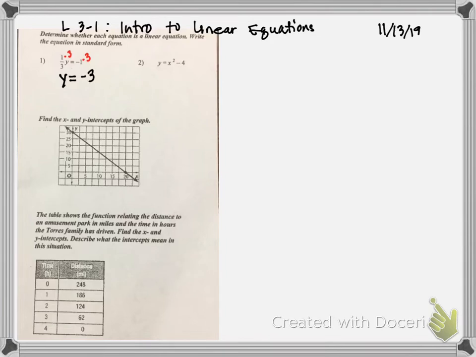So thinking about what does standard form mean, I'm going to write it over on the right side so we can think about that. So we have ax plus by equals c. Does this meet standard form? Is my a value greater than or equal to 0?